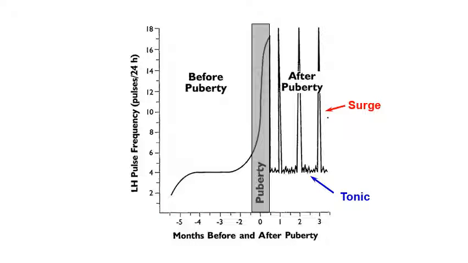This is a diagram of the LH frequency before and after puberty. So this number here represents the months before puberty and the months after puberty. Months before puberty, we can see here that tonic LH pulses begin to increase minimally as shown in the diagram. At puberty, there is a surge in LH, the LH surge or GnRH.